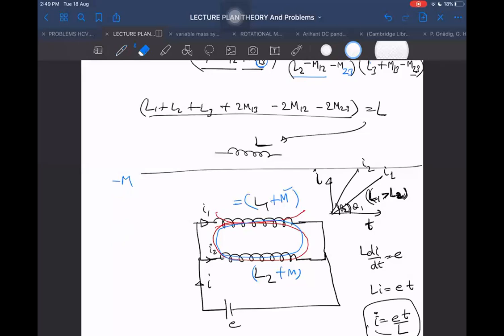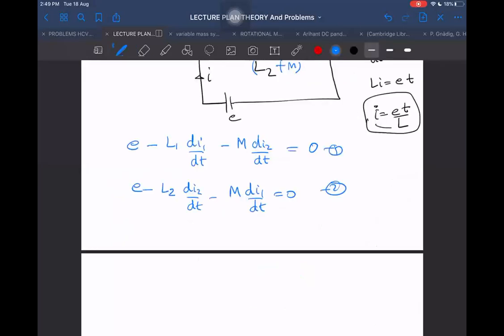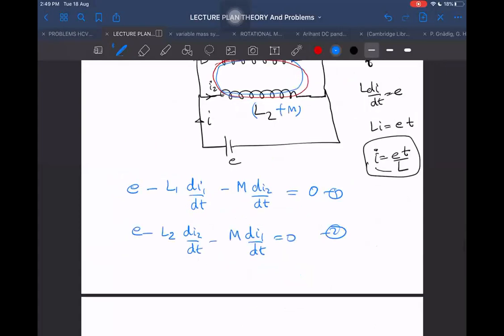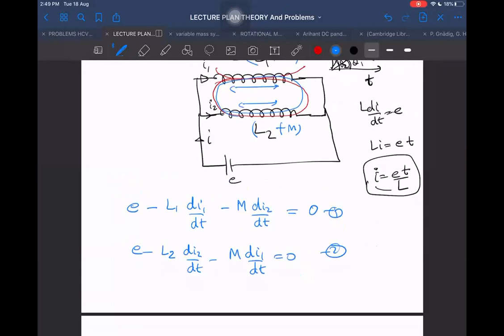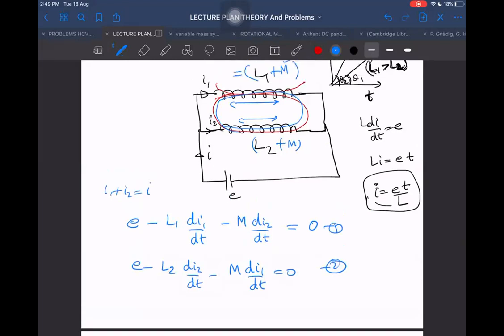Now one more equation we have. If I observe this loop here, I1 plus I2 is equal to the net current.